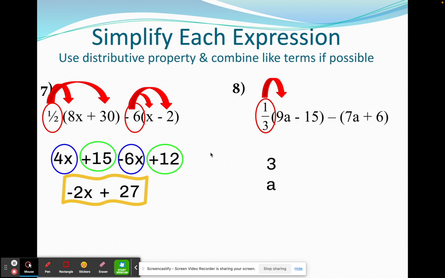Whoops. Why is that like that? I don't know. And 1/3 times that negative 15 will give me a minus 5. I don't know why my a is down here. That is weird. Now I need to distribute that negative 1, negative 7a.